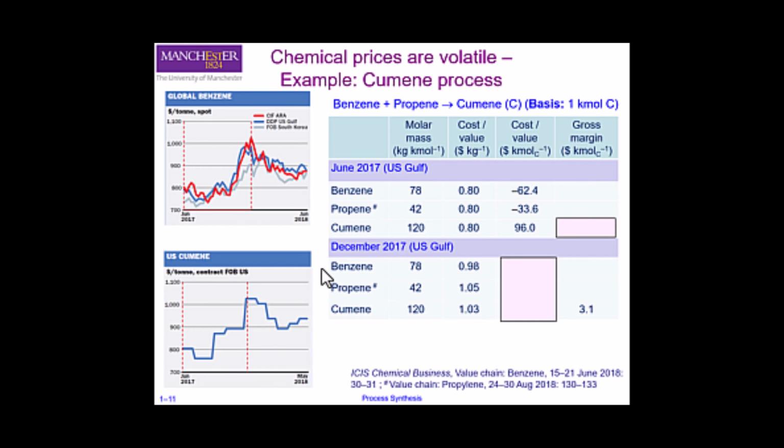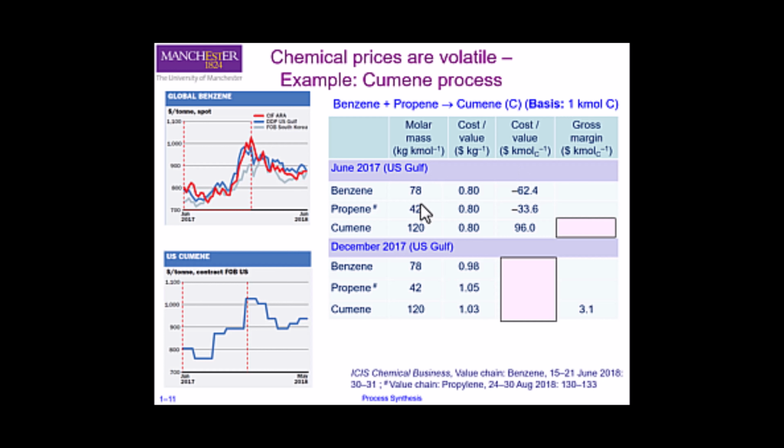So here we calculate the gross margin per kilomole of cumene produced, and the stoichiometry is simple. We have 1 mole of benzene reacting with 1 mole of propene to form 1 mole of cumene. So first we need to calculate the price in dollars per kilomole using the molar mass information.